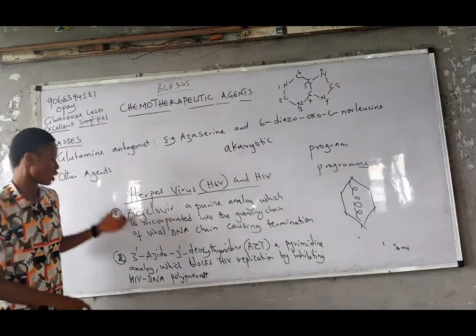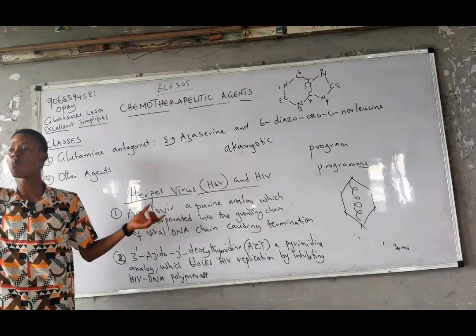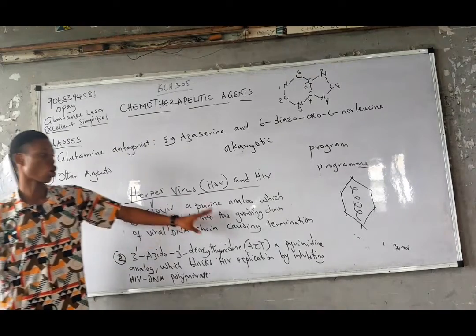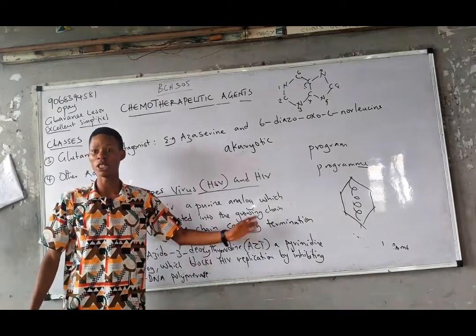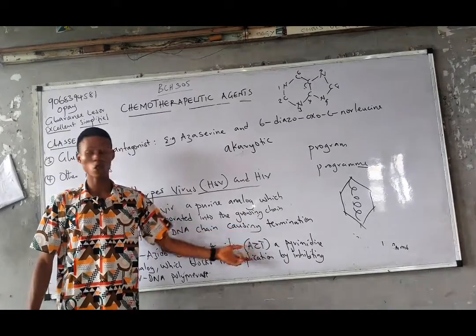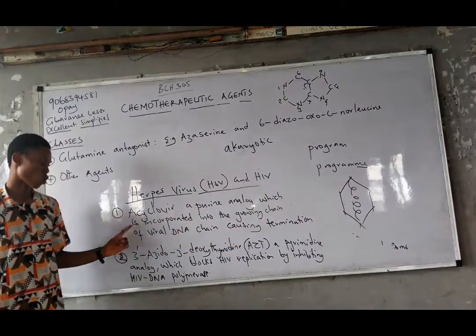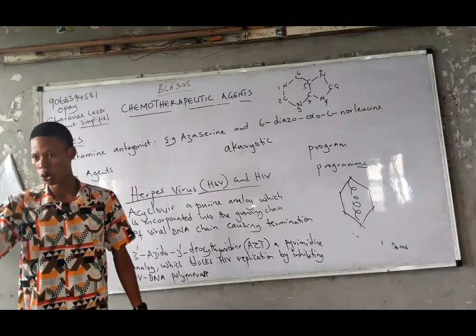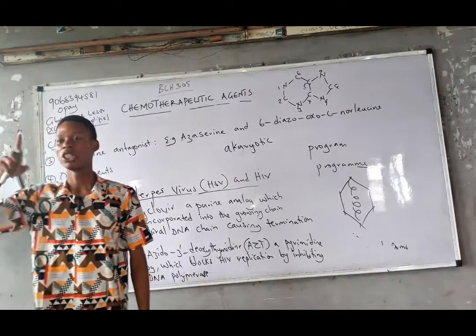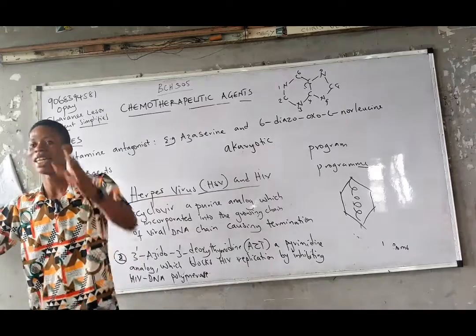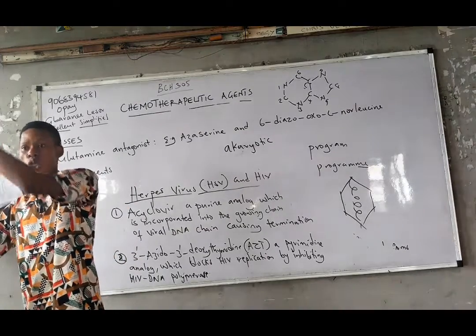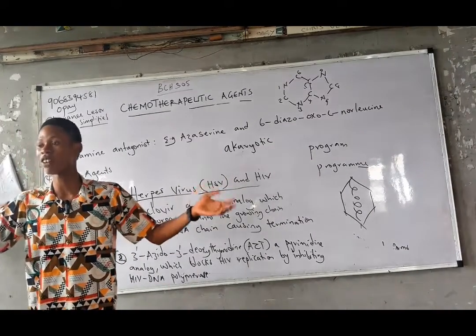God saved me. So acyclovir here looks like a purine and is incorporated into the growing chain of the DNA and causes termination. That's one. You can see it tomorrow on the two antimetabolites used to treat or control HIV and herpes virus.